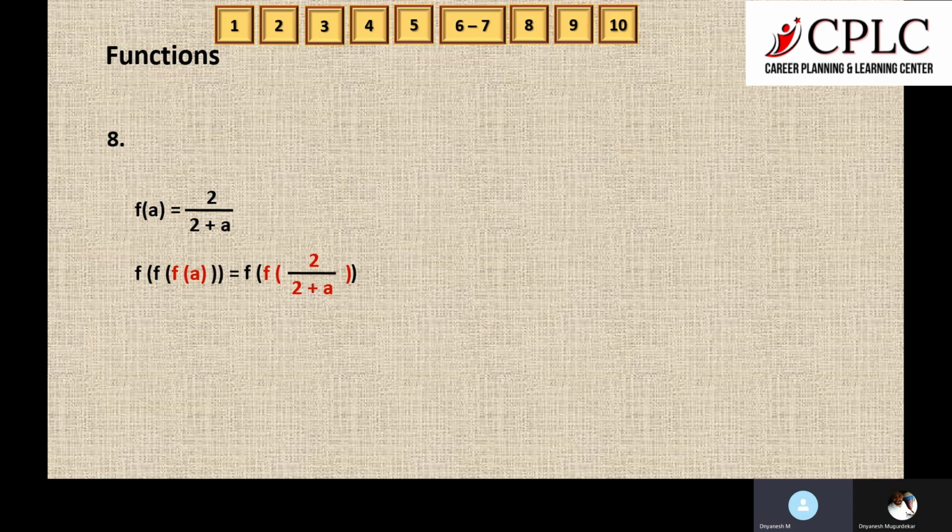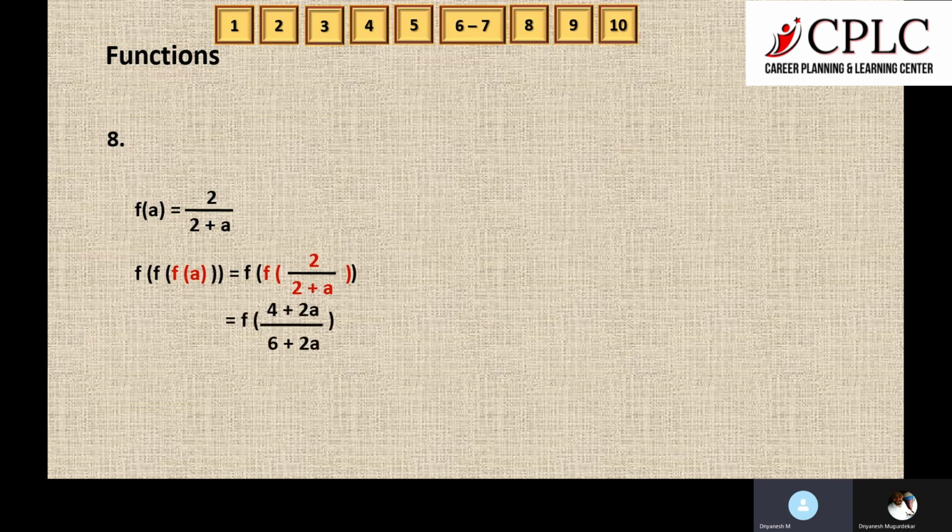Because in the original function, if you observe, the input is a. But right now the change that has happened is that the input is not a anymore, but it is 2 upon 2 plus a. So in the original function, whenever there is a, instead of that, you will have to substitute 2 upon 2 plus a. That is what you are supposed to do.